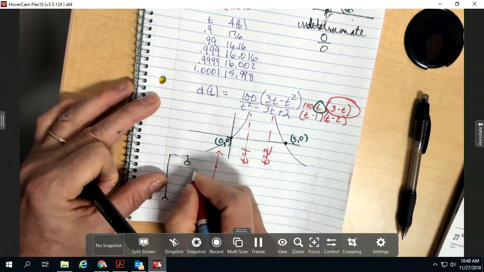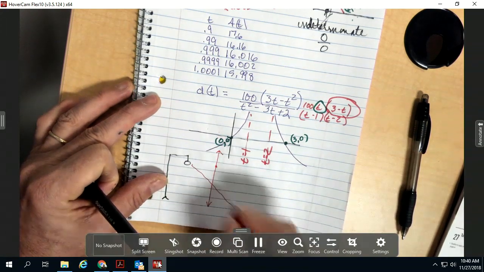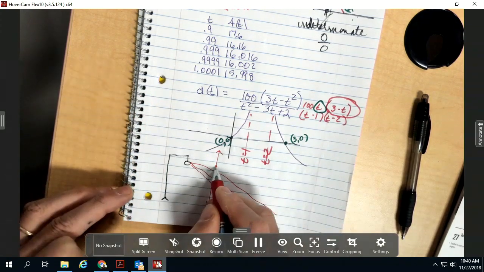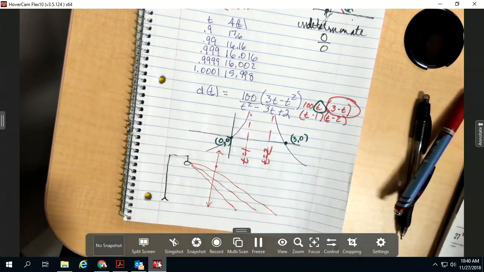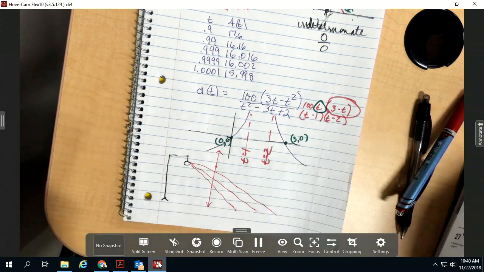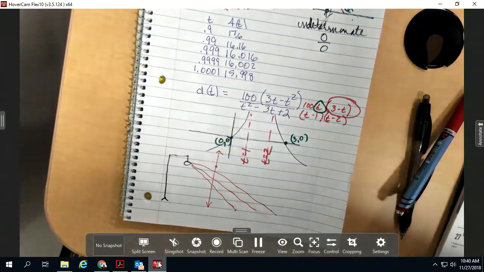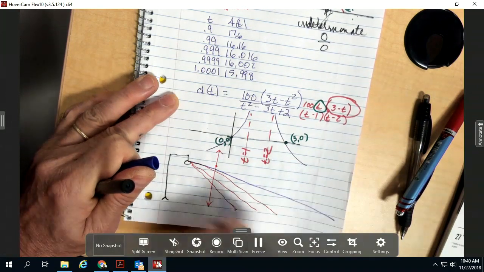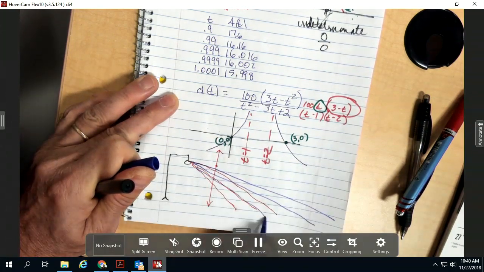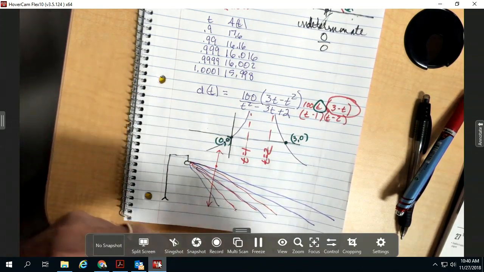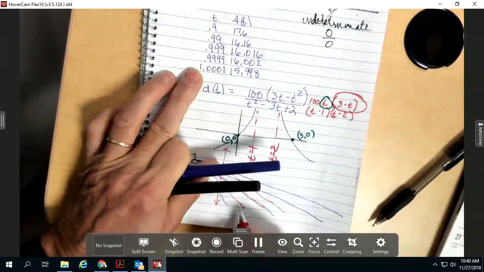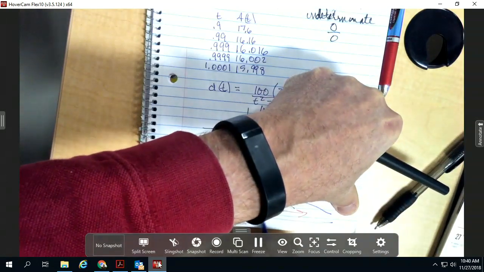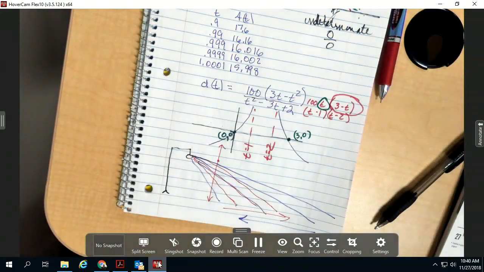So as it's going up, the shadow goes from this to this to this until it gets to 1 second. Then the projectile starts coming back down, and it reaches this point, then this point, then this point, then this point. So on the way up, the shadow was going longer, and on the way back, the shadow is getting shorter.